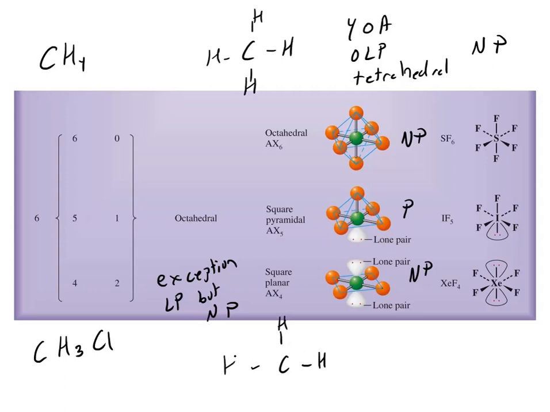It doesn't matter which side, but one side has a chlorine on it. I still have 4 outside atoms, 0 lone pairs, and it's still tetrahedral, but it is polar. And it's polar because of the Cl.